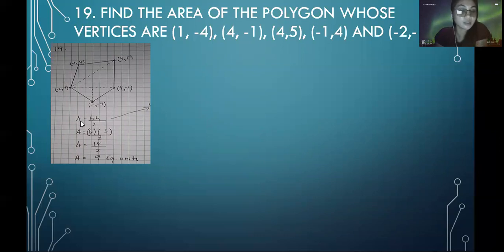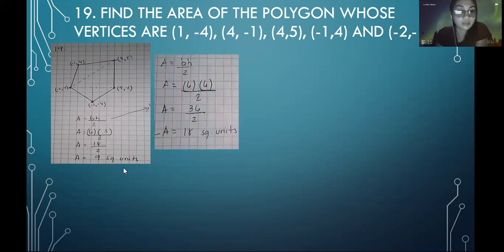Then I solve the area: 6 times 3 over 2 equals 18 over 2. So the area is 9 square units. So same as here.